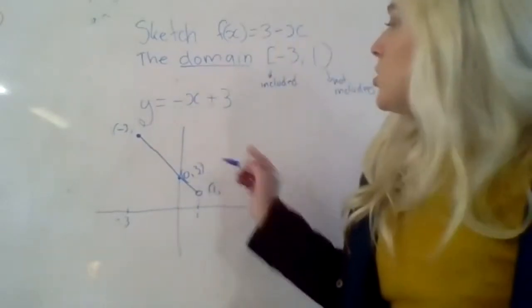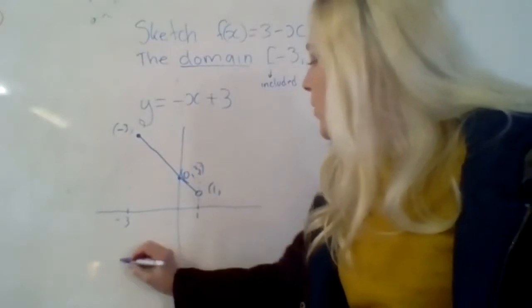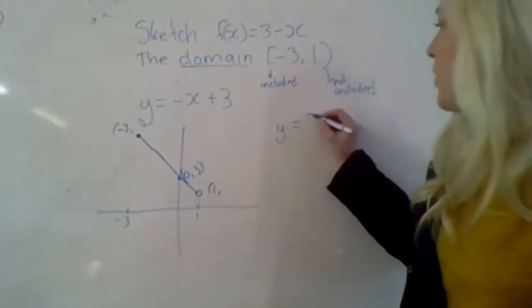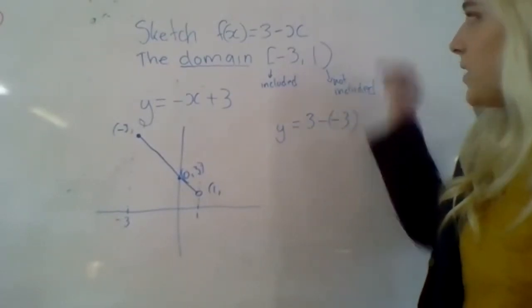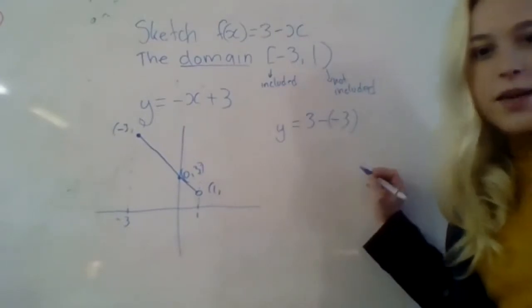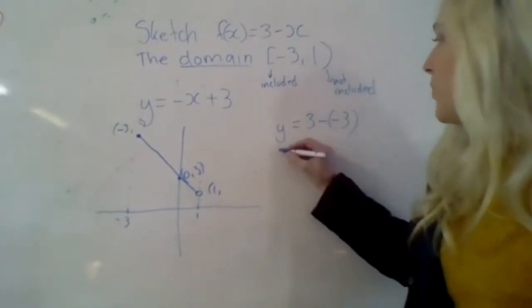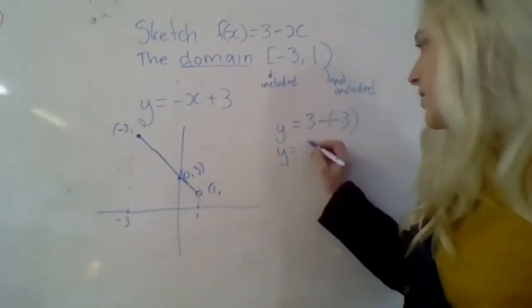Okay, so let's do x is equal to -3 first. So we go y is equal to 3 minus (-3). I just subbed it into my original equation, and I'm putting it in brackets because of my negatives. It can get kind of tricky. So we get y is then equal to 3 plus 3, which is 6.